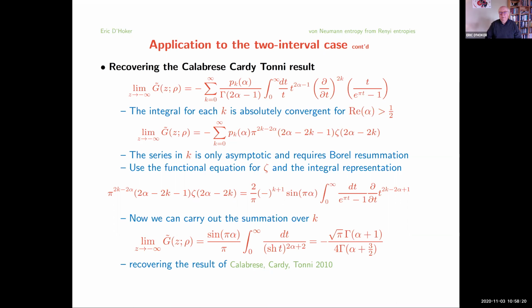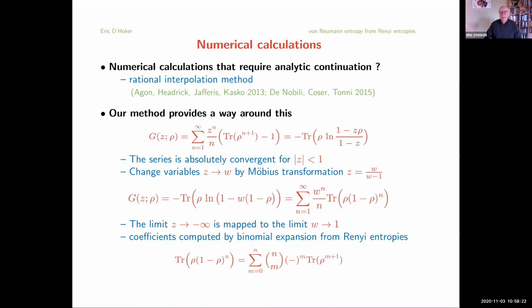Okay, well, that's good. Now, I announced earlier that in addition to doing analytical calculations, one can actually do numerical calculations as well. Let me show you how that works. So in the replica method, numerical calculations are not that easy to imagine because you would basically have to have some numerical way of analytically continuing.